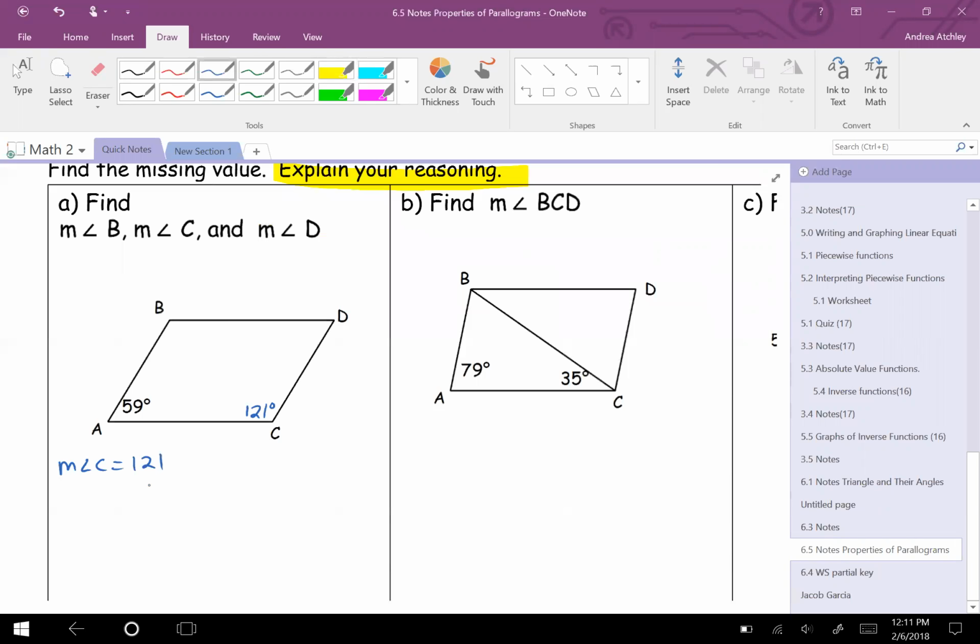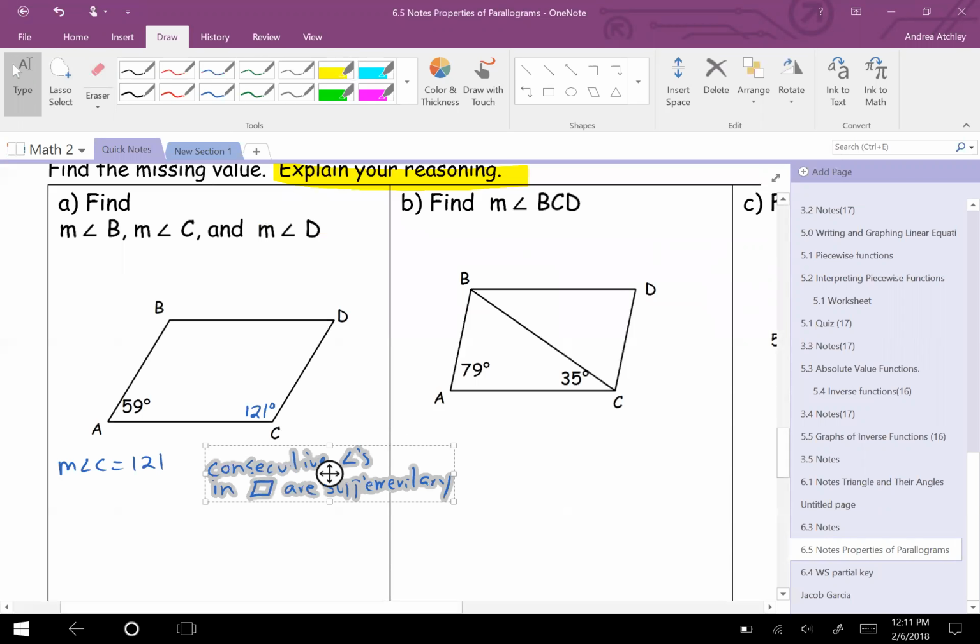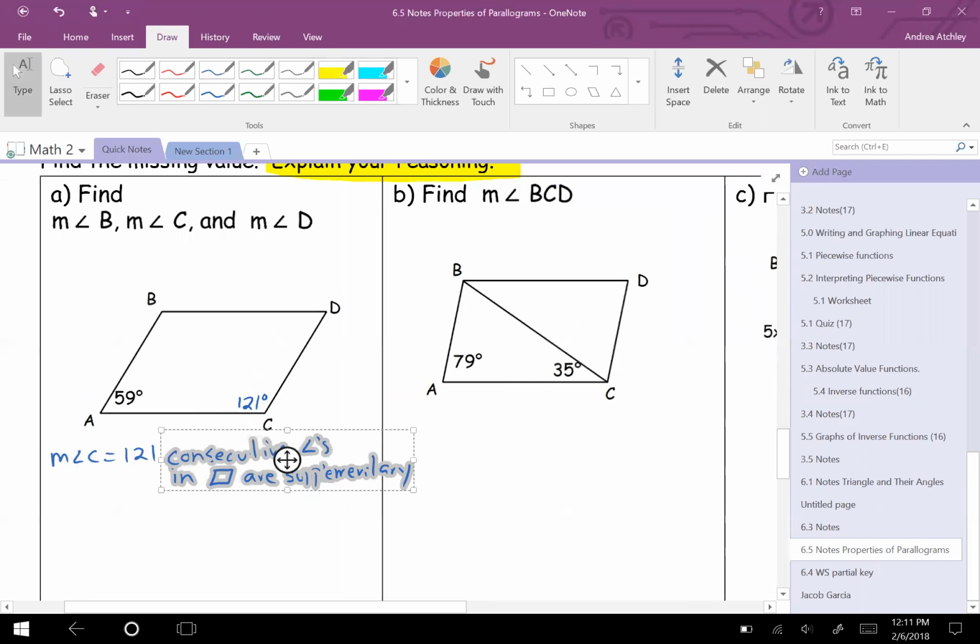Okay, consecutive angles in parallelograms are supplementary.